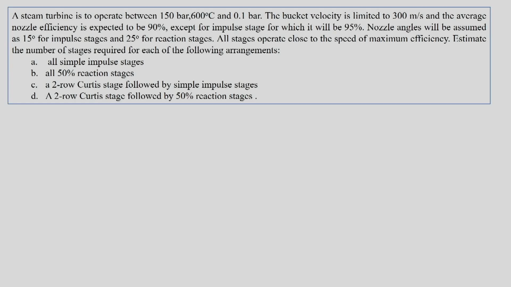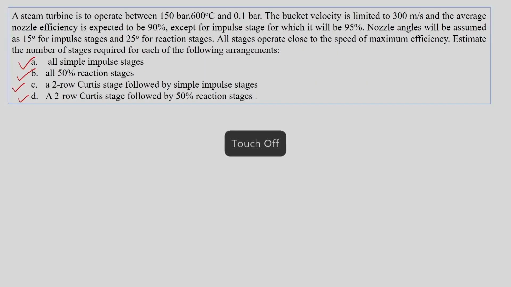Estimate number of stages required for each case of the following arrangements: all simple, all 50% reaction, a two-stage Curtis followed by a simple impulse stage, a two-stage Curtis followed by 50% reaction. So in this we will go ahead and see.